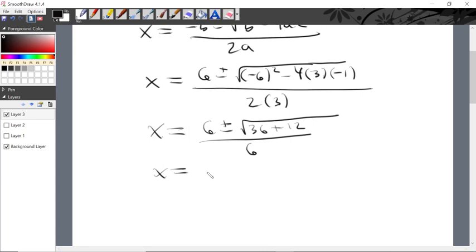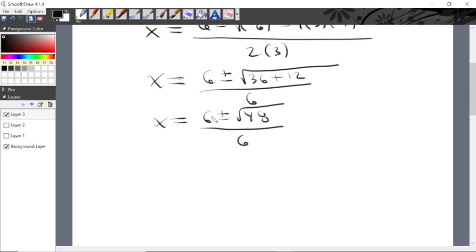So x is equal to 6 plus or minus the square root of 48 divided by 6. Okay, now how to properly cancel the 6 here? We can't just cancel this 6 with this 6 and call it a day, because of this plus or minus here, right? This square root of 48 is also over the 6.